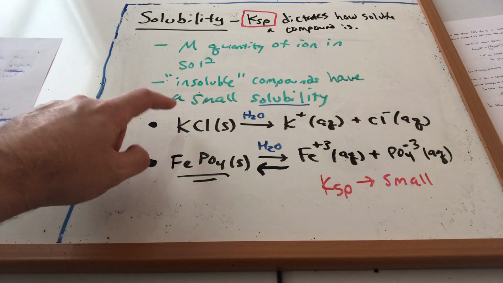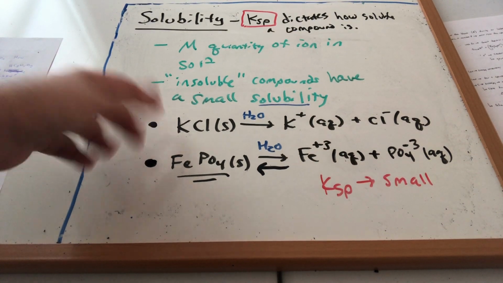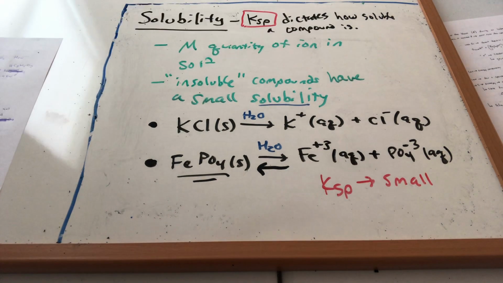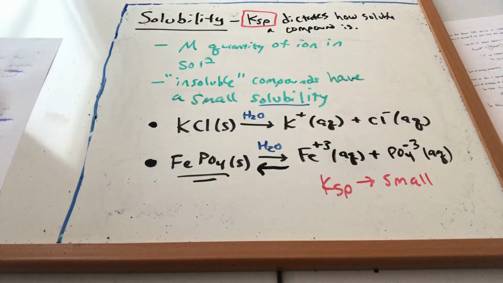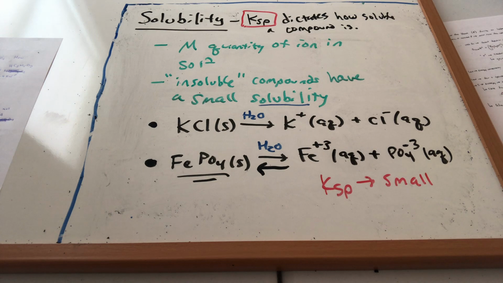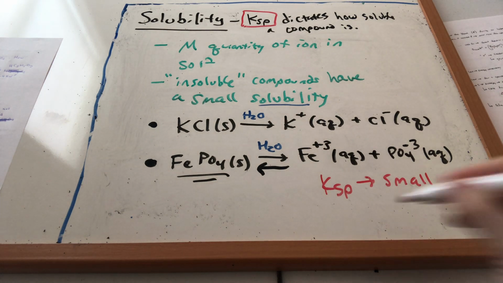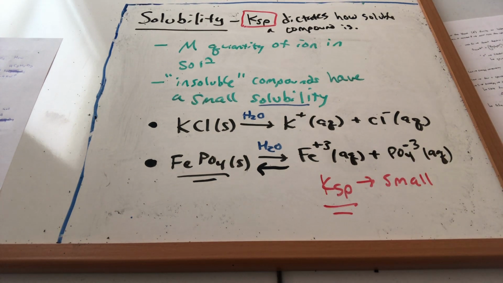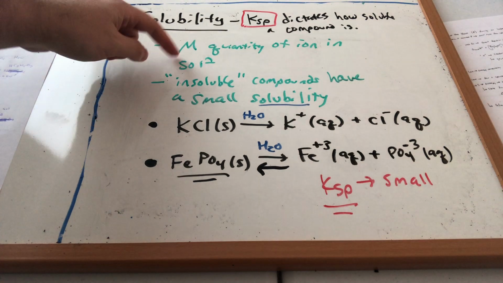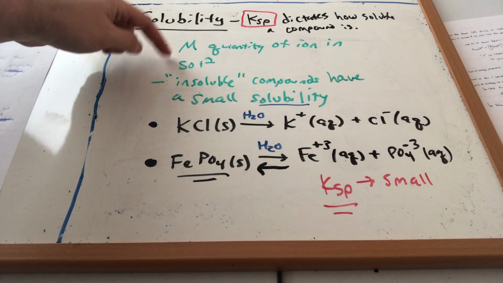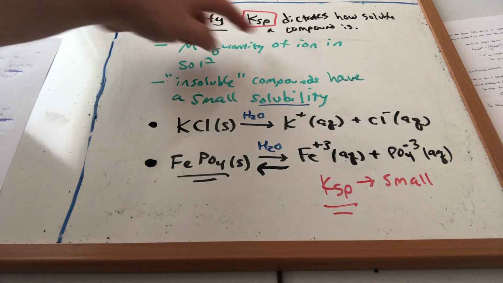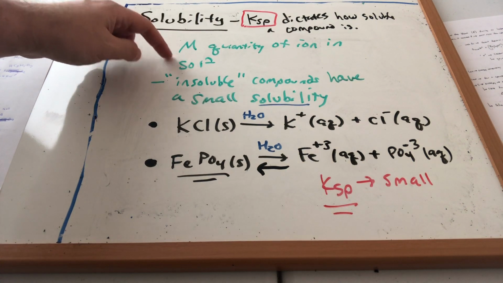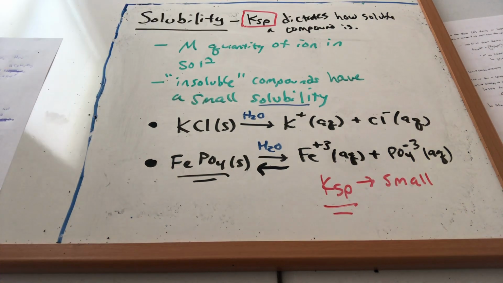Same deal here. It has a Ksp, but it's so big, we just say, oh, it's soluble. You can pretty much assume that it breaks down completely. Okay? So these Ksp's are things that we can calculate, and they'll give us how much ion goes into solution. And how much ion goes into the solution, we call that solubility.